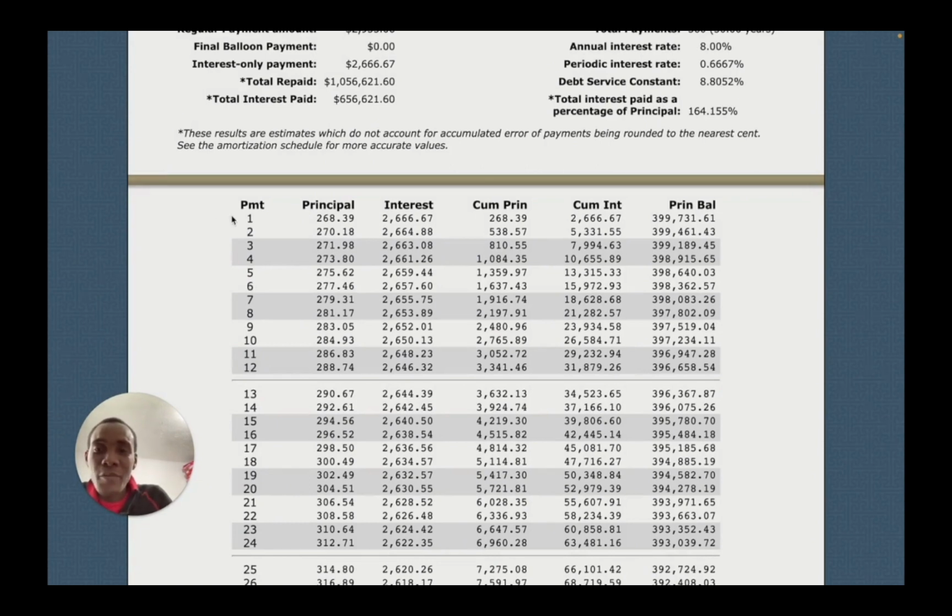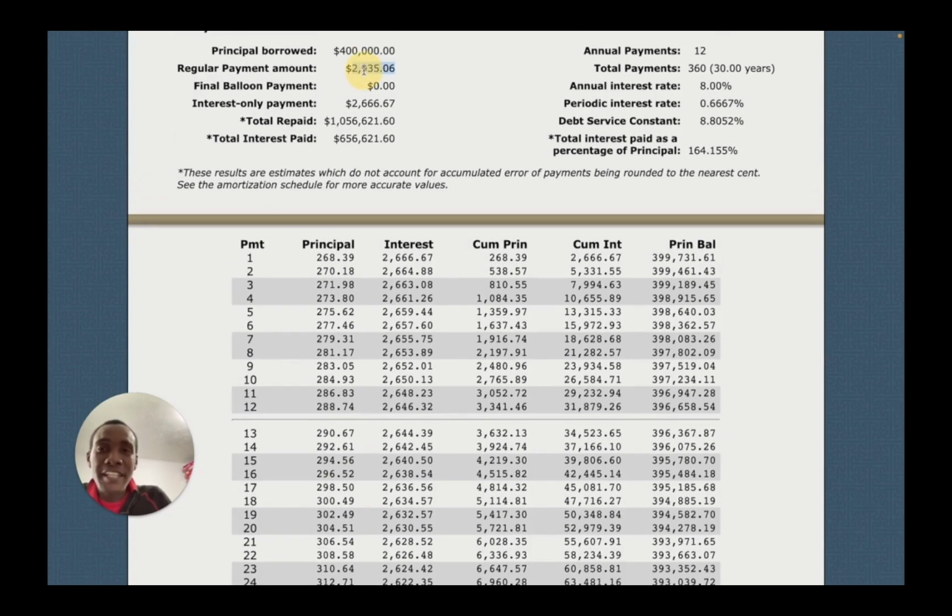So let's say we're going to make our first payment of $2,900. We're going to make our first payment on line number 1, and we look at line number 2, and we see we have a principal payment of $270. And then we look at line number 3, we see we have a payment of $271. And then we look at line 4, we have another payment of $273.